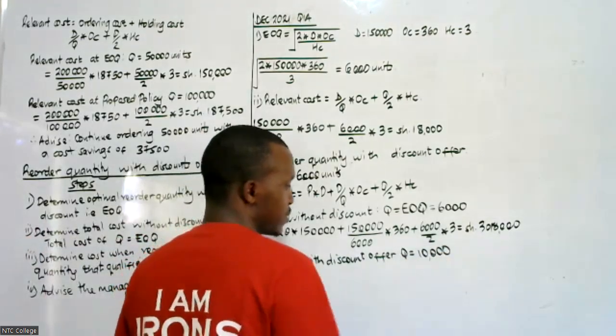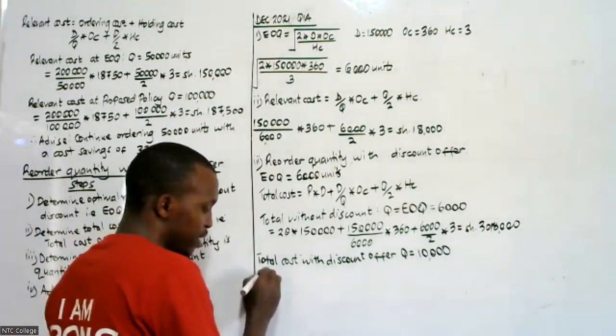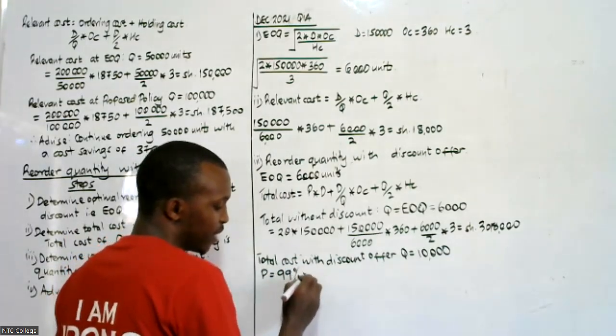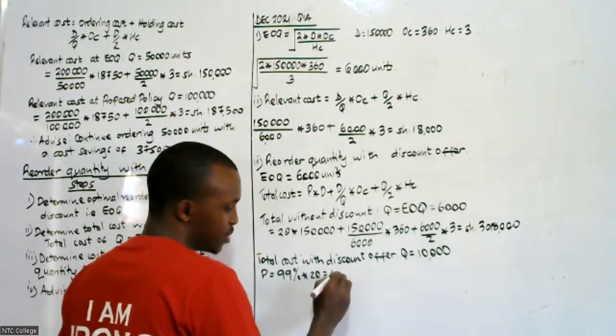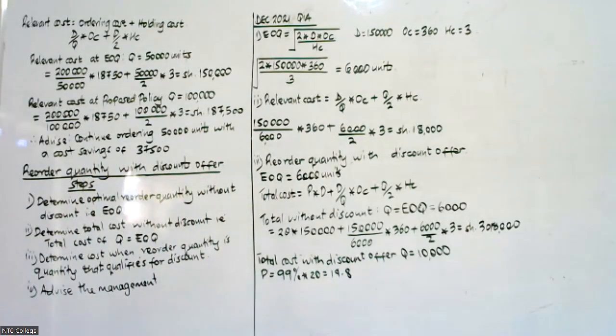So when there is a discount, your purchase price changes. Your new purchase price will be 99% of the current purchase price of 20, which should be 19.8. Confirm that that is 19.8.